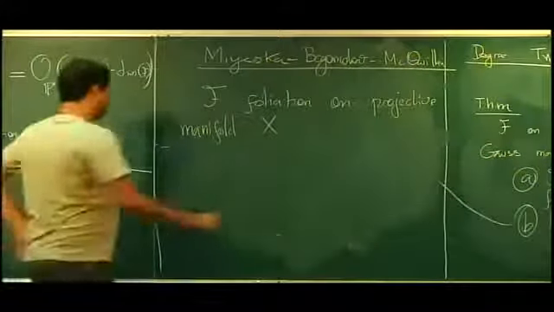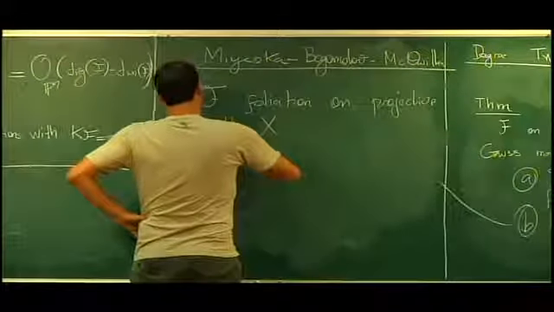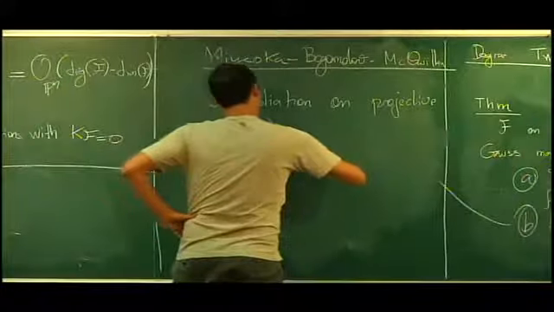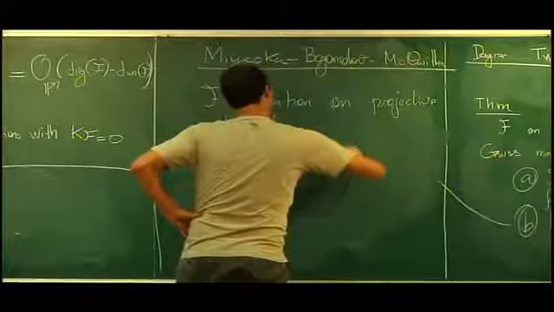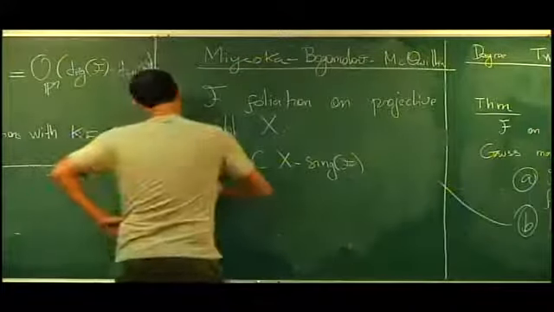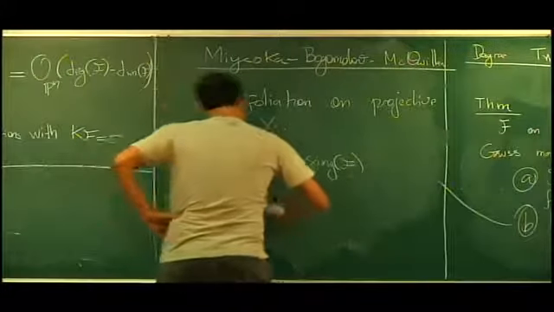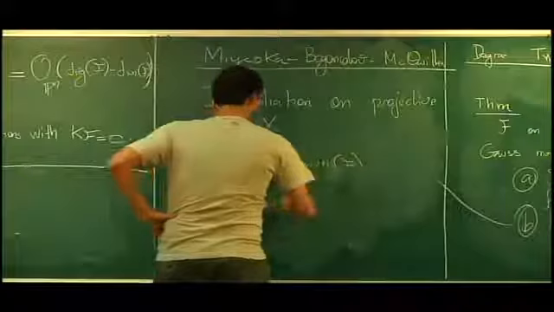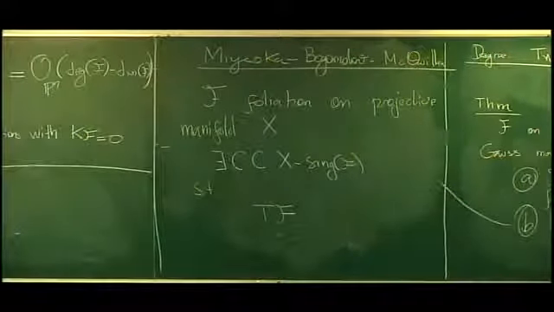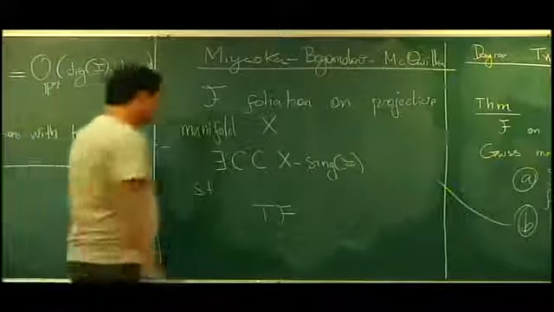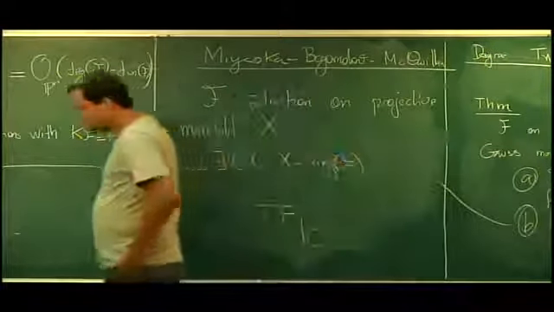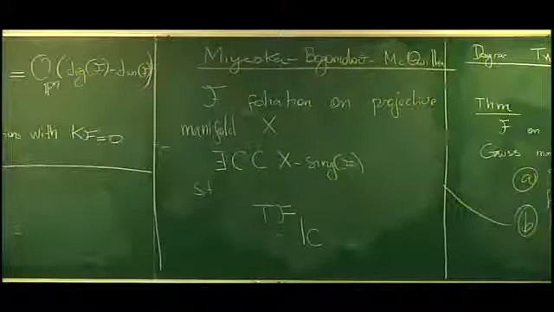I will suppose that there exists a curve C away from the singular set of F such that the tangent bundle, because since I'm outside the singular set the tangent sheaf is a bundle, of F restricted to C is ample.